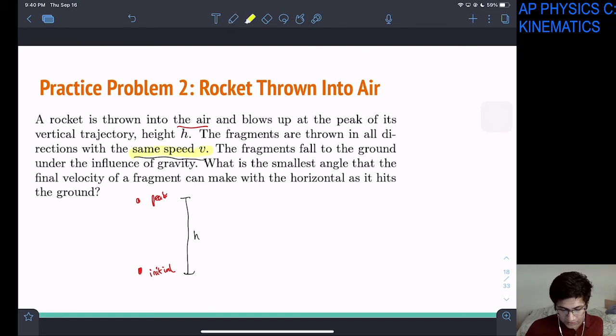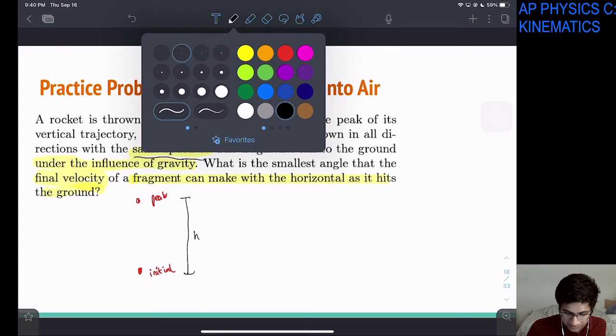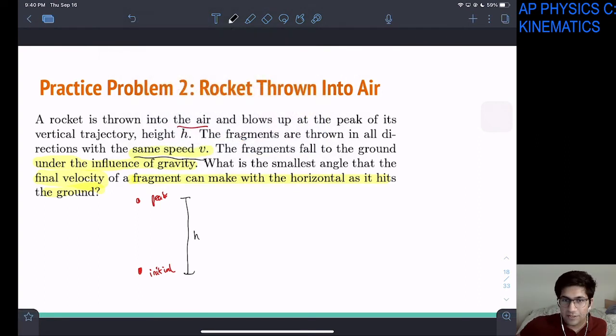The fragments fall to the earth under the influence of gravity, so our acceleration, again in the y direction, is gravity. What is the smallest angle that the final velocity of a fragment can make with the horizontal as it hits the ground? I recommend, if you're not watching this live, pausing and thinking about this, because this is a little tricky question.